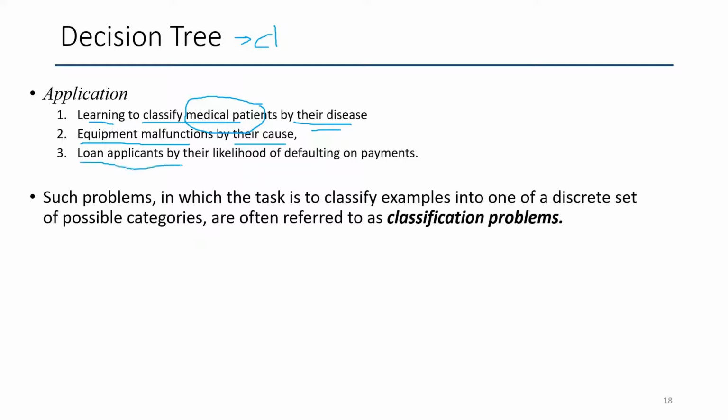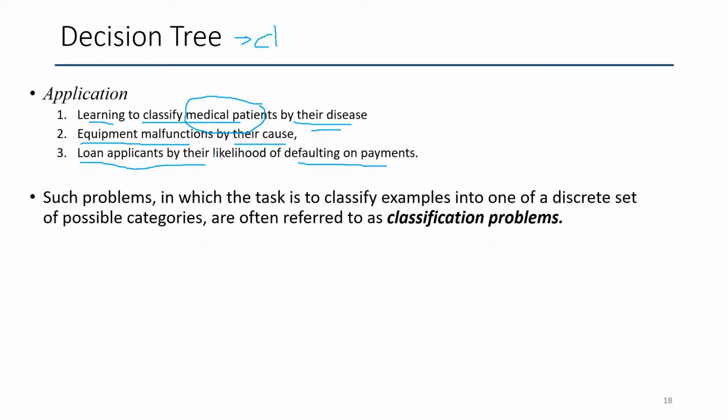Then loan application by their likelihood of defaulting on payments. The bank expects that we repay the loan, right? Based on the history of whether a customer has repaid the loan or not, they can predict for a future customer whether he will be able to repay the loan or not.